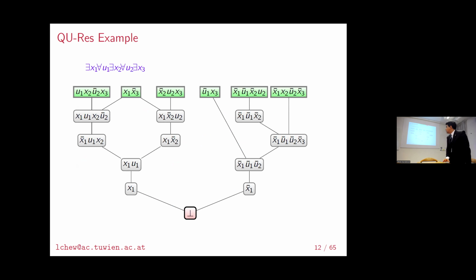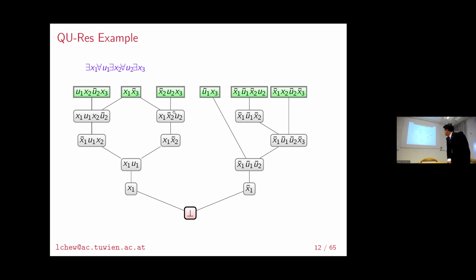So maybe it's a bit more clear with an example. So here we've got a QU resolution proof, and you can see that the binary rules will be the resolution rules, and the unary rules will be the reduction rules. So in this particular case here, we have this U2 that occurs to the right of all the other variables in the clause, and therefore you can just drop it.